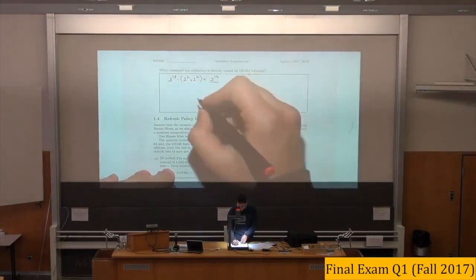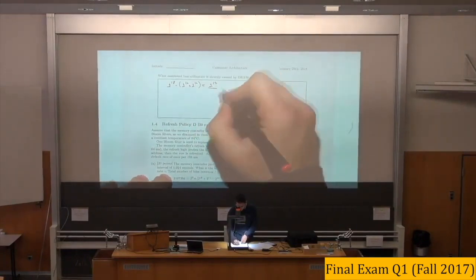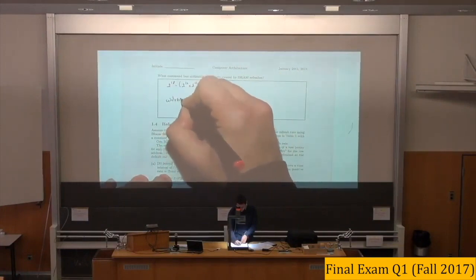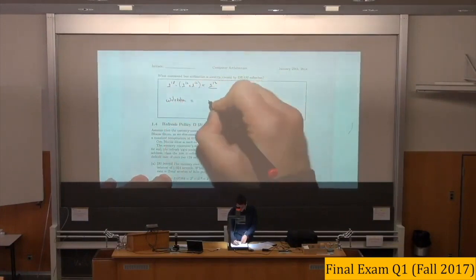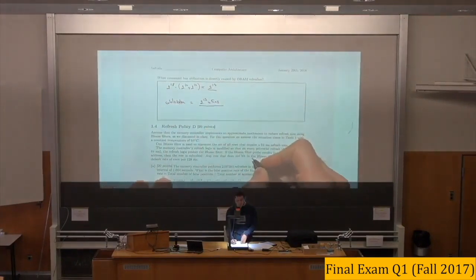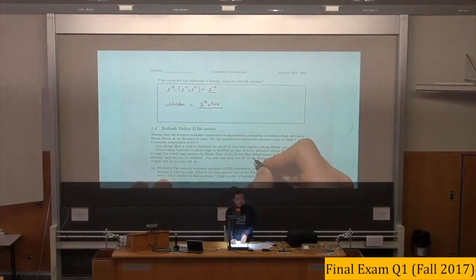And remember, the bus is kept busy for 5 nanoseconds, so the utilization will be 2 to the 17 multiplied by 5 nanoseconds. We need to divide it by the refresh interval.